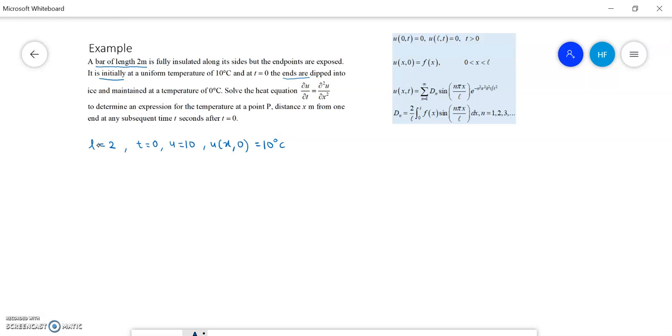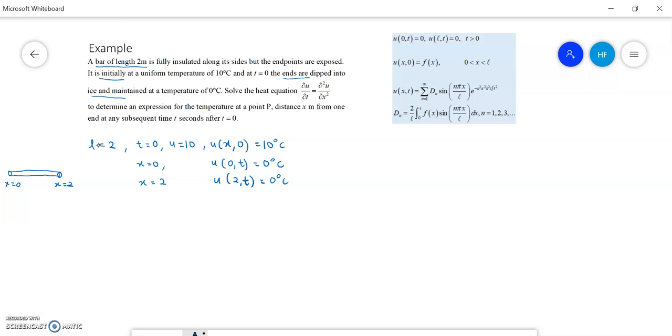So when x equals 0, u(0, t) equals 0 degrees. And at the endpoint, when x equals 2, at the end of the rod, u(2, t) equals 0.